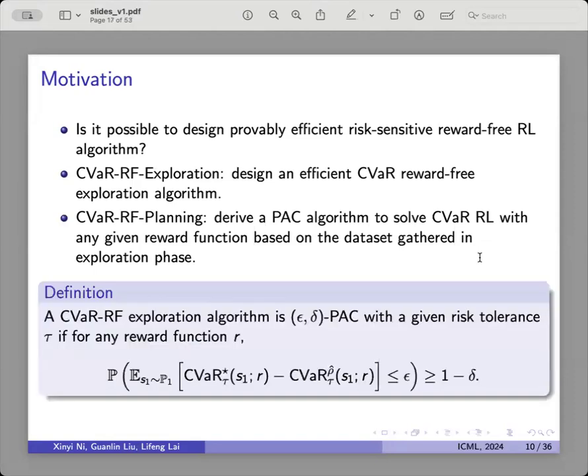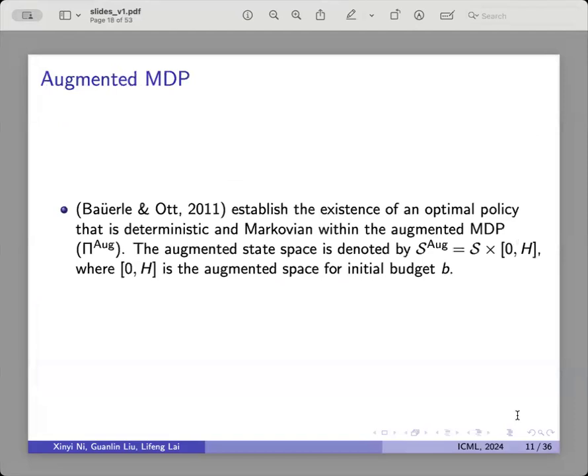You may ask, what is PAC? PAC is defined this way, which means the error between the optimal CVaR value and the estimated CVaR value is less than or equal to epsilon with probability at least 1 minus delta, which means the estimation is really good.